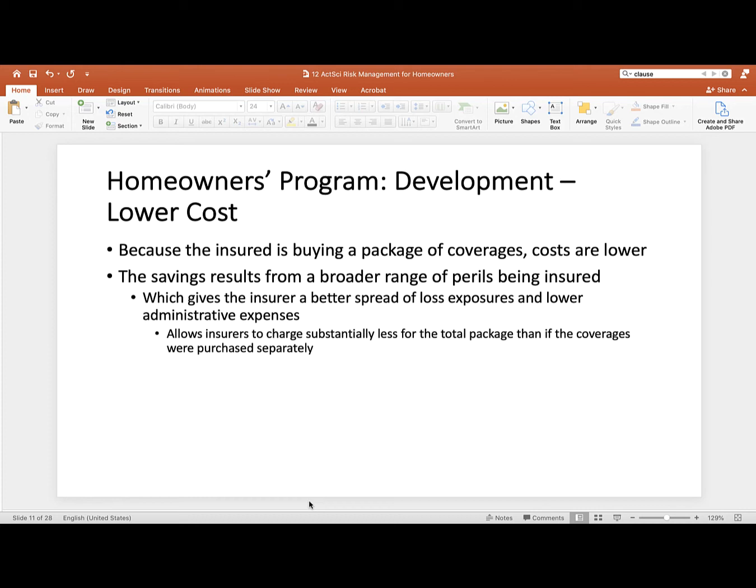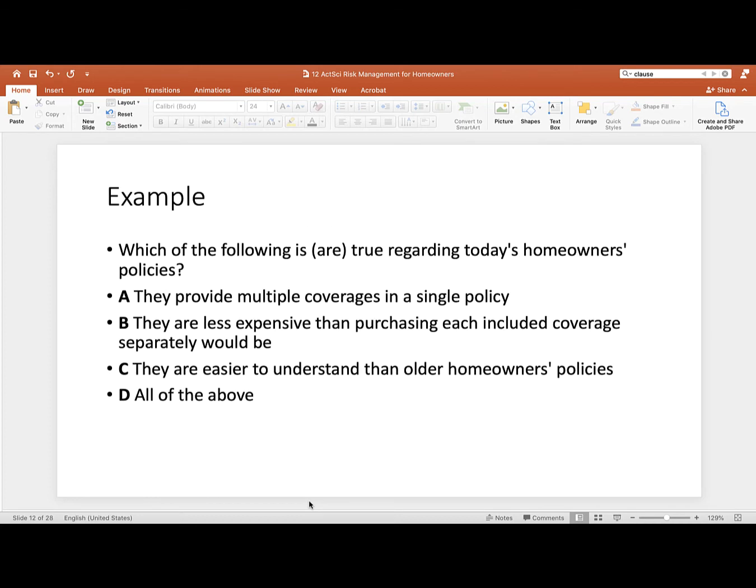If there's a big windstorm, I could get wiped out because a whole bunch of homes, especially in a similar vicinity, could get wiped out, and I could actually get wiped out as an insurer. But if I've got more risks, it's a form of diversification. If I don't insure just the actual dwelling, and I also insure the contents as well as liability, it is some way of diversifying my portfolio to some degree. And when I diversify, my estimated costs are going to be lower, so that means the estimated premium is going to be lower to the policyholder.